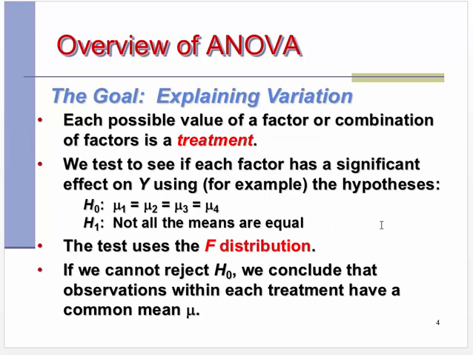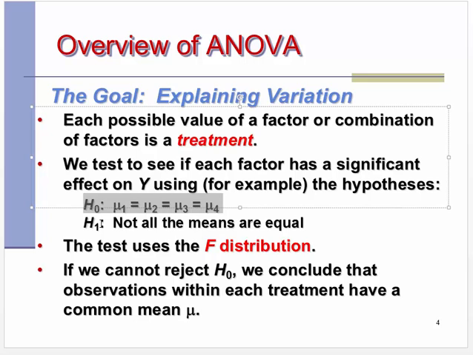The goal: each possible value of a factor or combination of factors is a treatment. And we test to see if each factor has a significant effect on y using, for example, a hypothesis like this.